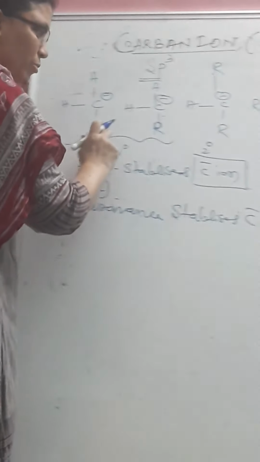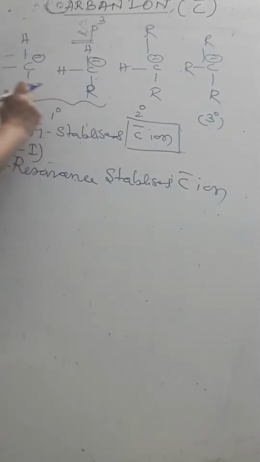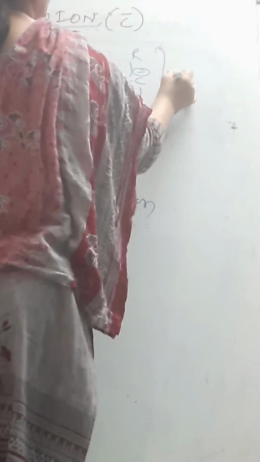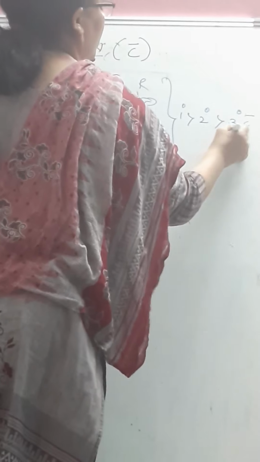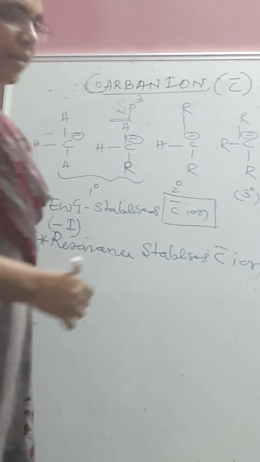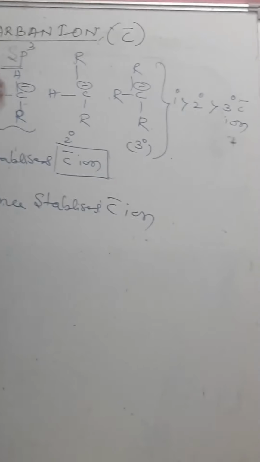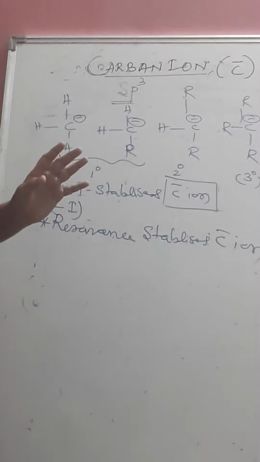So, how are you going to write stability in case of primary, secondary, tertiary? Will you think? Exactly reverse of carbocation. Because primary will be more stable than secondary, than tertiary carbanion. Yes or no? Exactly ulta. Exactly reverse of carbocation.